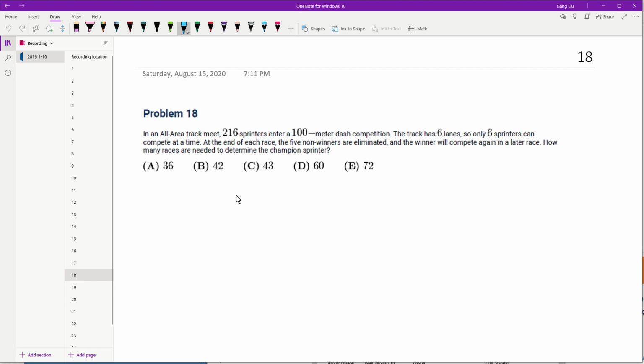What we notice is that for each race, of 6 persons, 5 will be eliminated.